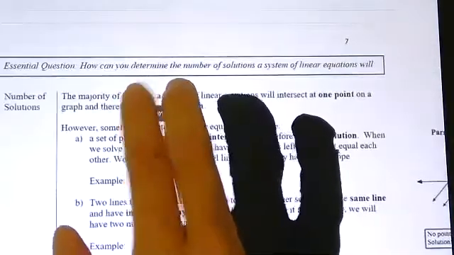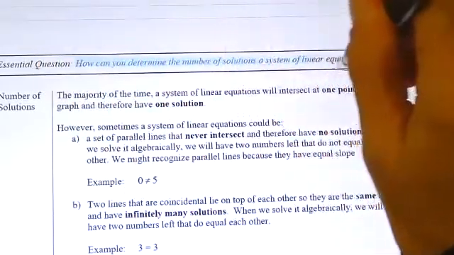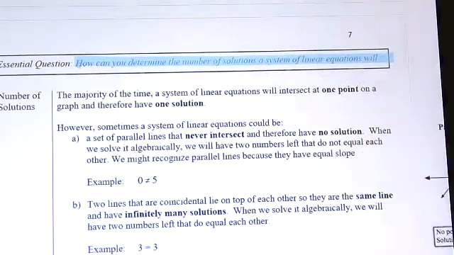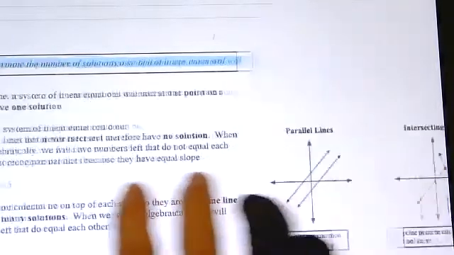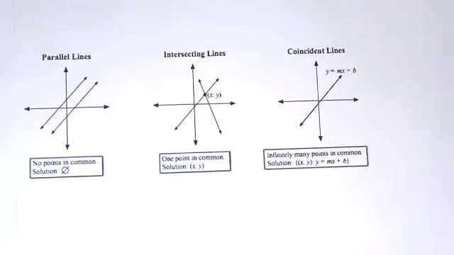Okay, the last page of notes here on page 7 is really what our essential question is today, which is how can I determine the number of solutions that we will get when we solve a system? And we kind of already looked at this a little bit with the warm-up where we did have a no solution problem, but there are 3 different scenarios when you solve a system.